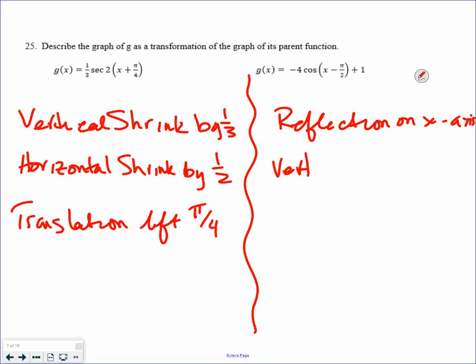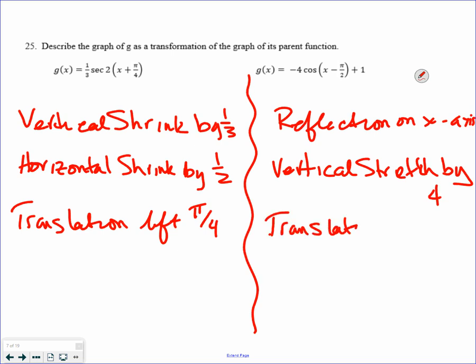Vertical stretch by 4. Another translation, this time to the right, pi over 2. And another translation up 1.